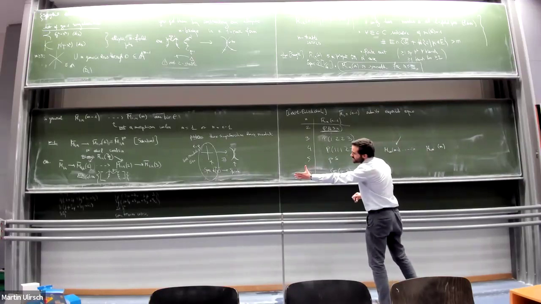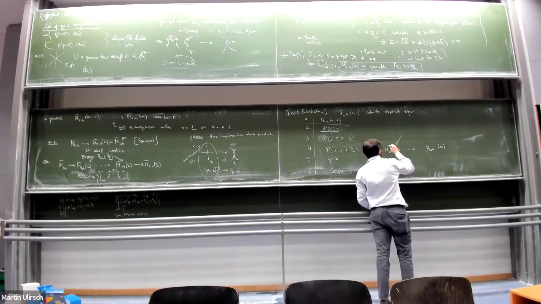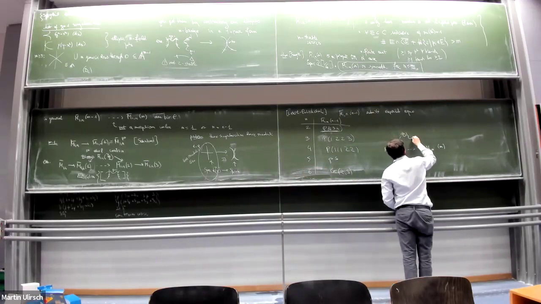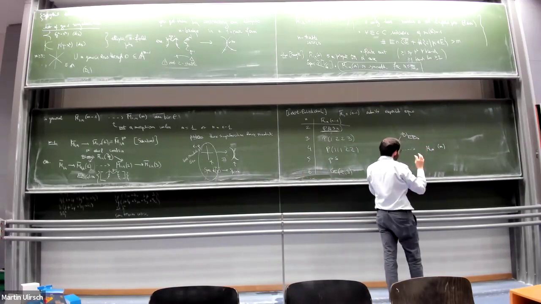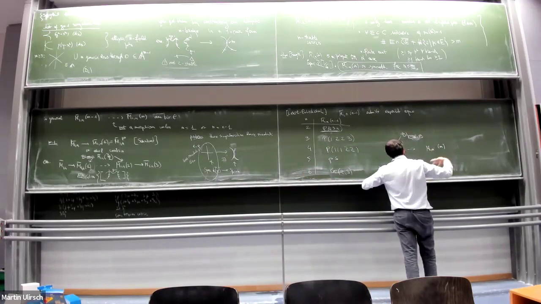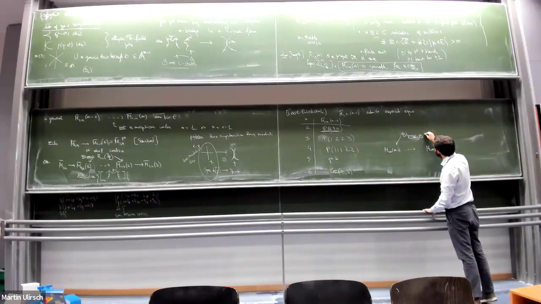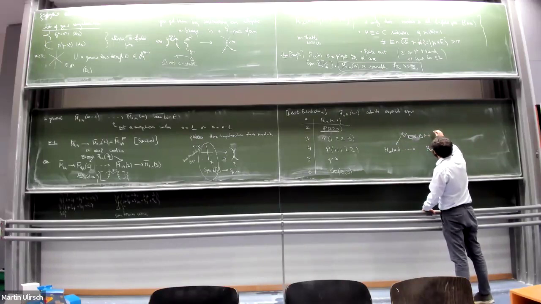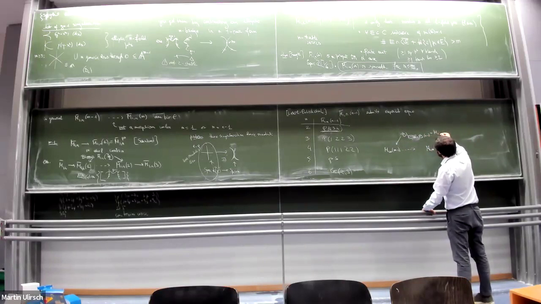A generalization of what I explained here tells you that you can blow up the locus of the unique bridges, let's say n bridges, with n neighboring points in there, to get the map.